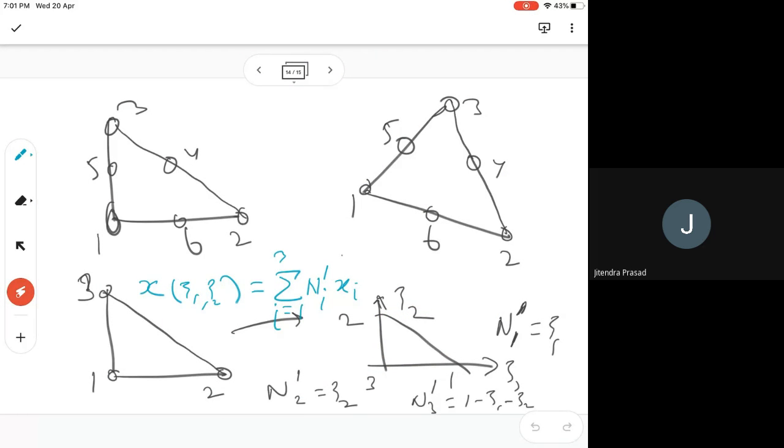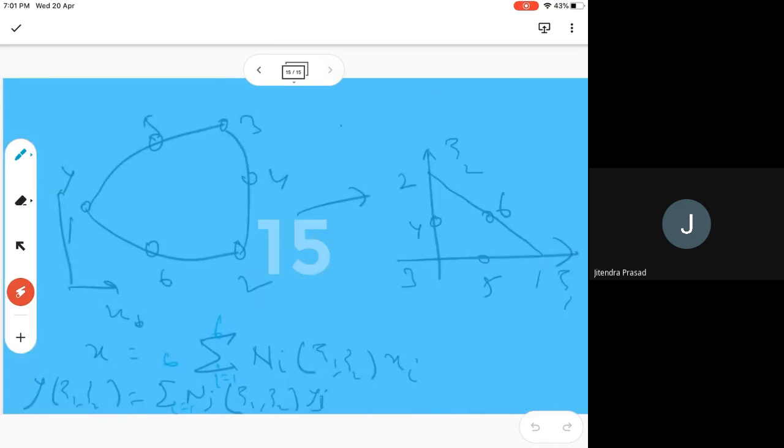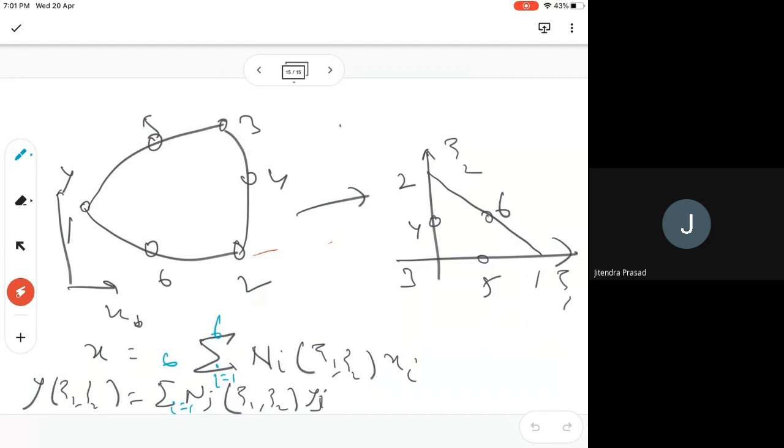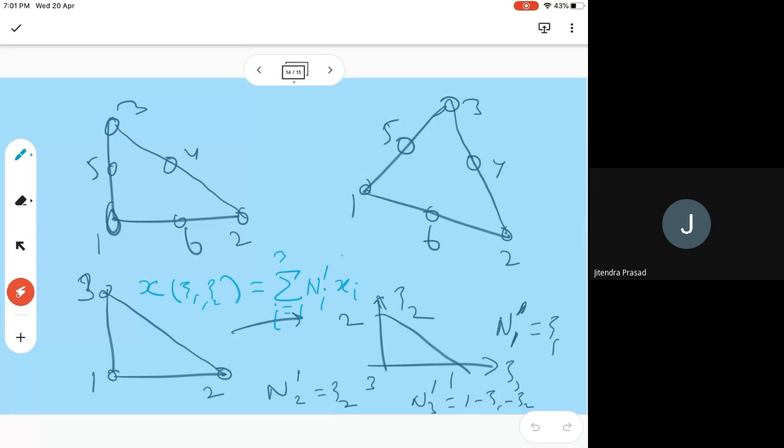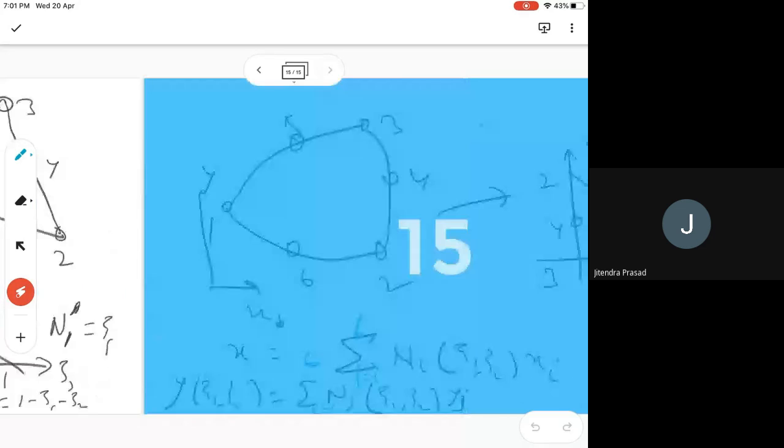However, the relation between x and xi will be different. Here it will be based on only 3 nodes, and here it will be based on all the 6 nodes. Yeah, so this is just for information, basically. You can just go ahead with the general one also, but this is just to add.